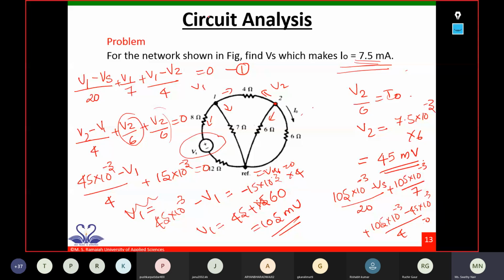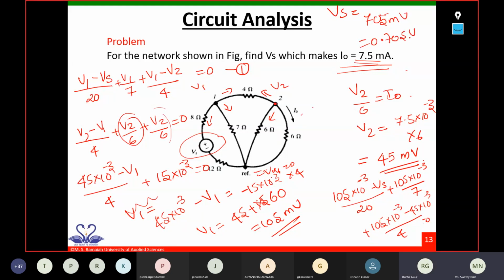Find out Vs. Vs is coming 705 millivolts.